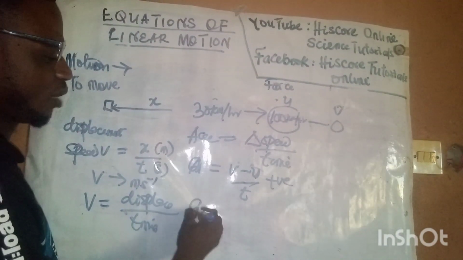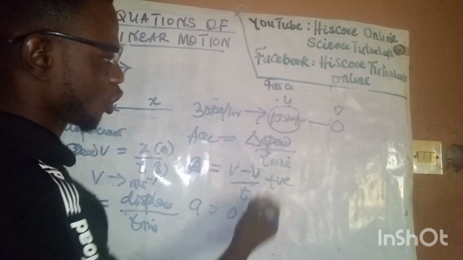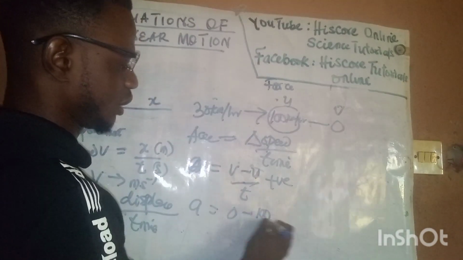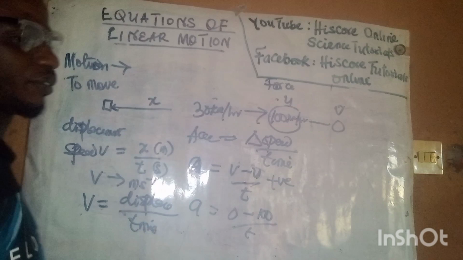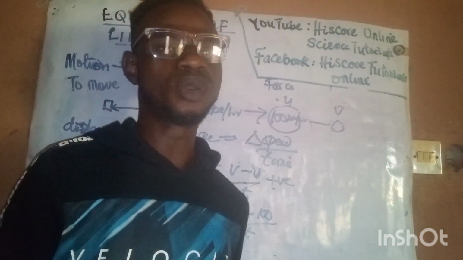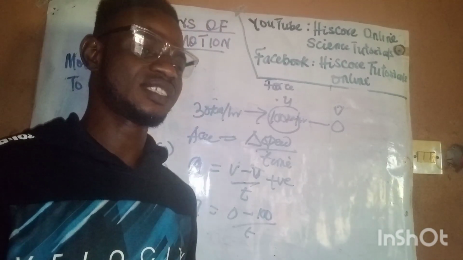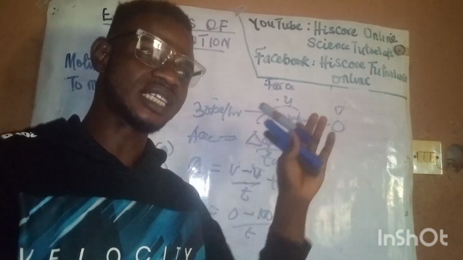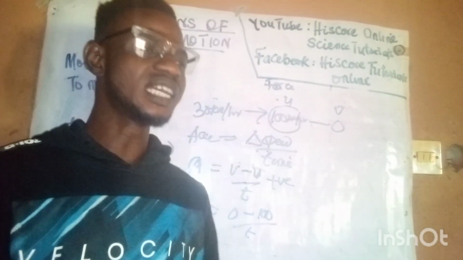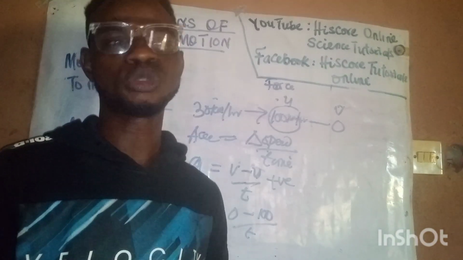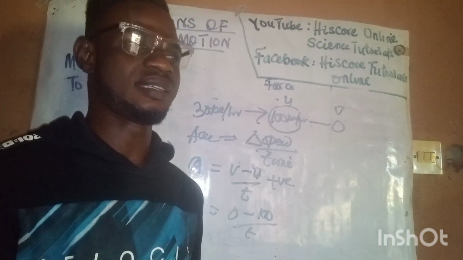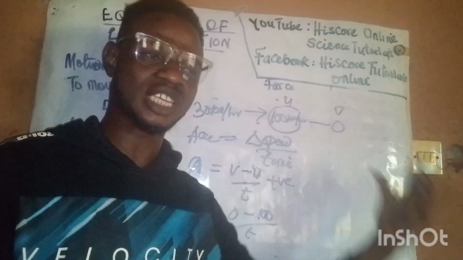So a becomes 0 minus whatever you have here, 100. In that case, you are going to have a negative number. The body is said to have decelerated or retarded. So deceleration or retardation is negative acceleration, which occurs when a body decreases its speed.